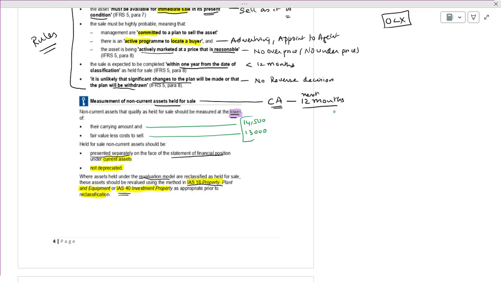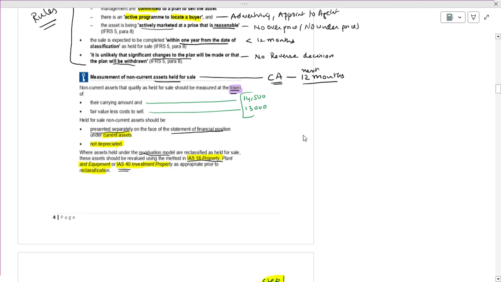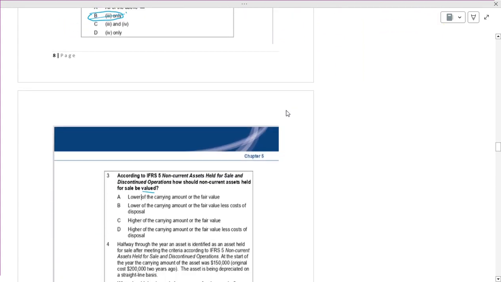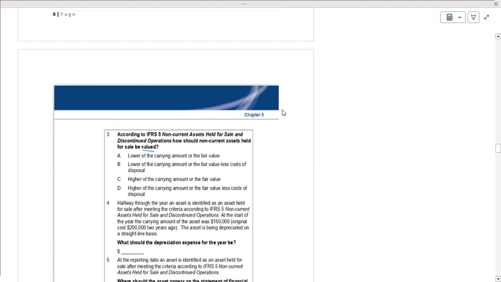Non-current assets that qualify should be measured at the lower of carrying amount and fair value less cost to sell. Held for sale non-current assets should be presented separately on the face of the financial statement. They should not be depreciated. Fine. Now come back to this. Tell me.